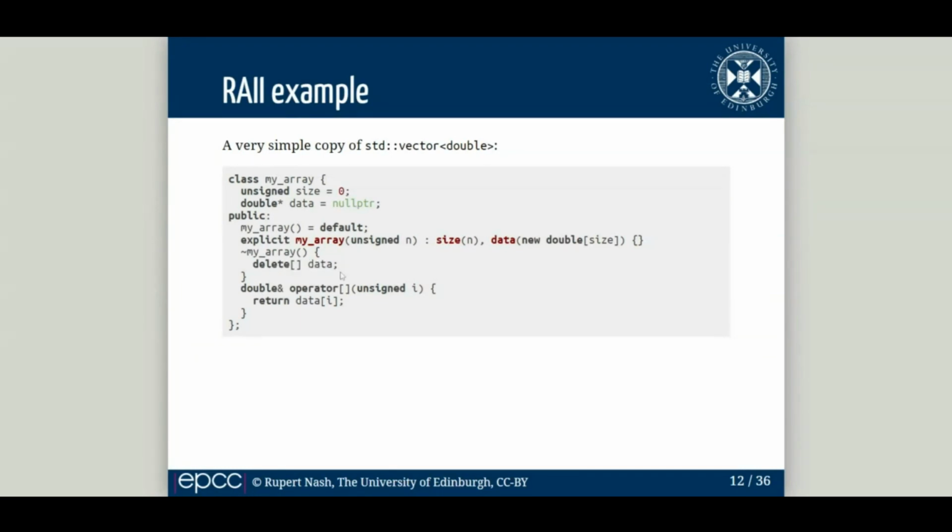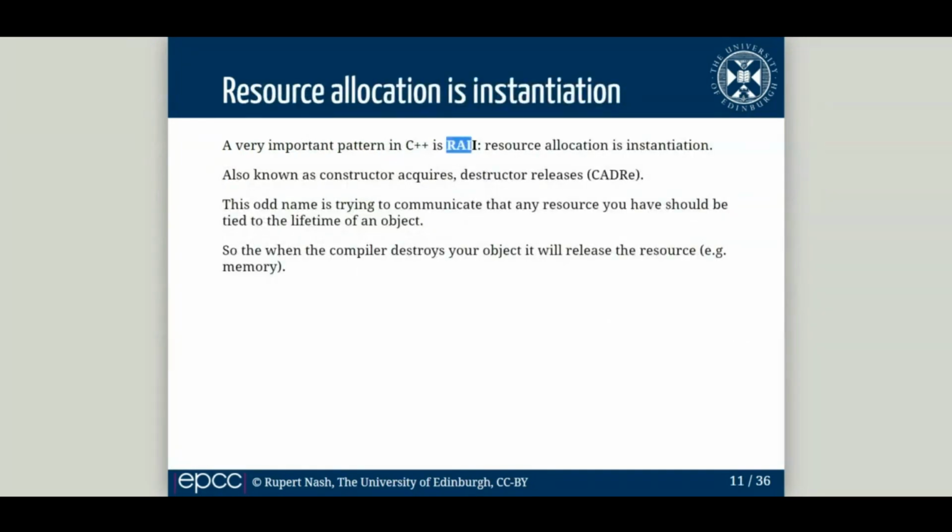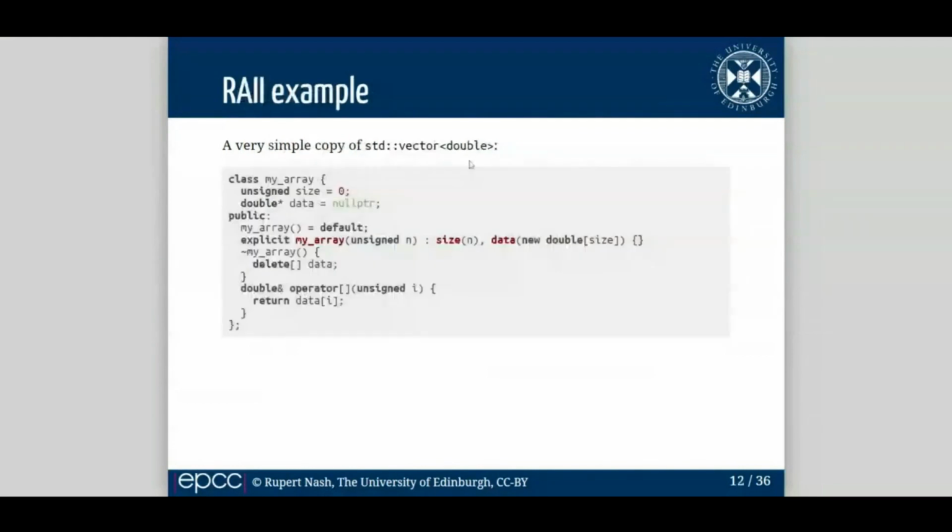This is called delete. This piece of code follows the pattern that we have said before, resource allocation is instantiation, because this is done behind the scenes. When you create an object, the memory is allocated, and when you destroy the object, the memory of the vector is freed.